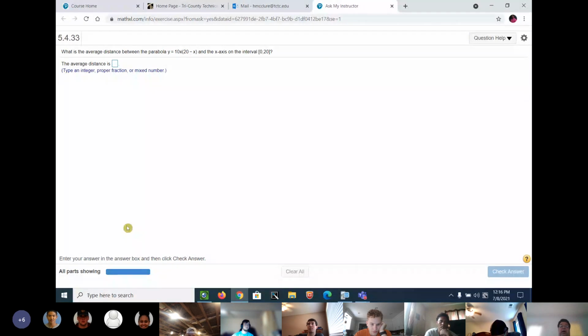All right, I'm going to write it out while y'all are writing it. What is the average distance between y is equal to 10x times 20 minus x and the x-axis from 0 to 20? I don't know why they wrote it like that.